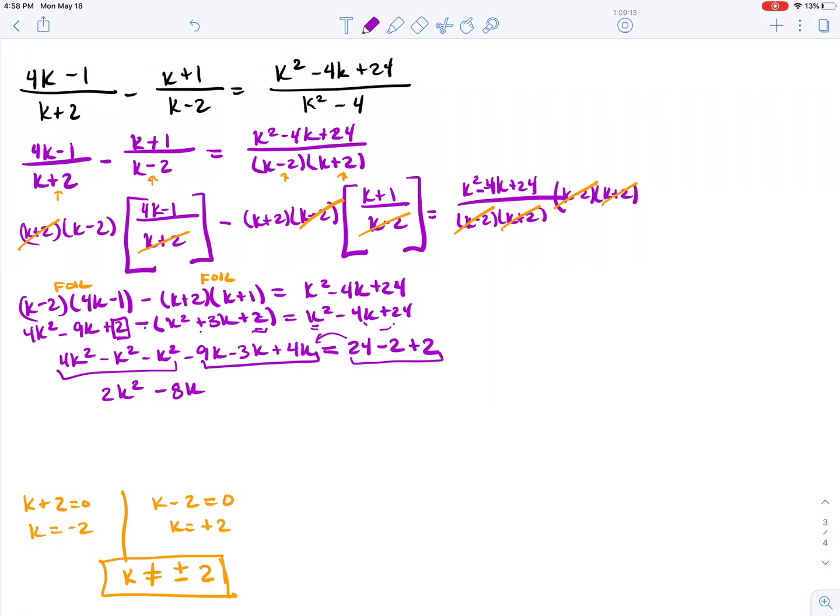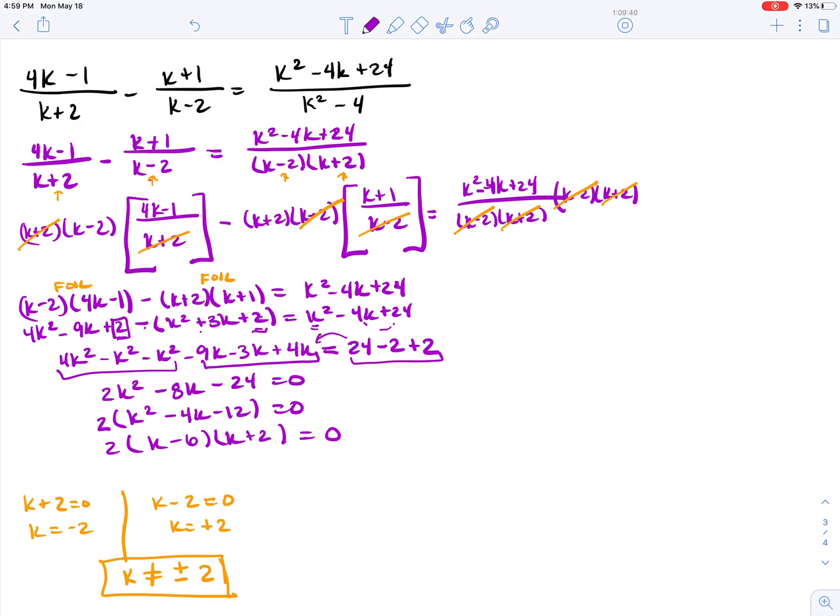I'm actually going to bring the 24 back over and put minus 24 equal to 0. To make it easier to factor, I'm going to take out the 2: k squared minus 4k minus 12 equals 0, 2 times, and find my factors, k minus 6, k plus 2.